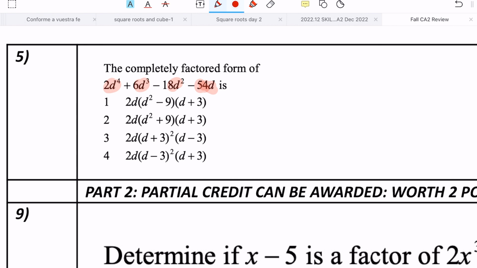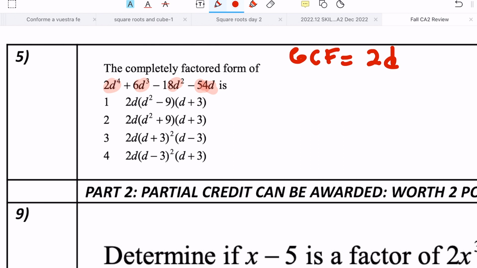Okay, so I can right away see that there's a GCF. We're going to start off with GCF of 2d, because all of them have at least the letter d, and all of them are even. Okay, that is the greatest common factor.